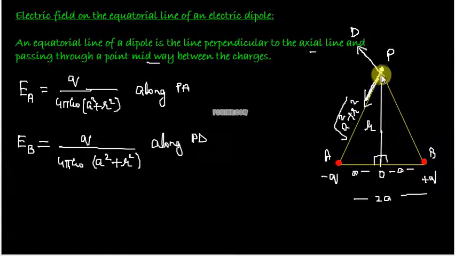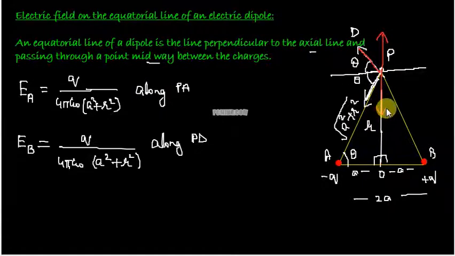Now, the electric field at the point P, because these are inclined at an angle theta, we can resolve them into components. So, with the x-axis, the angle made is theta for this and this component. And as you can see, if we draw the vertical components, they are going to cancel each other, because the vertical component for this one, that's along PD, goes up, and the vertical component for this one goes down.